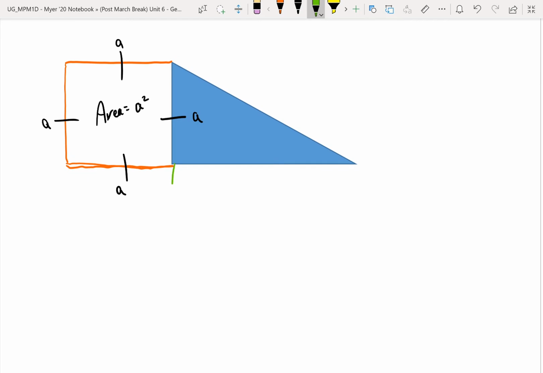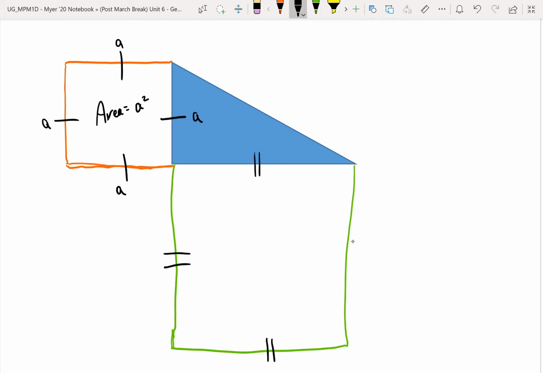And if I were to continue this idea, I'm going to draw a box here. And this length, these are all the same as well. So this will be side B. And so the area inside here is equal to B times B, right? So it's B squared.